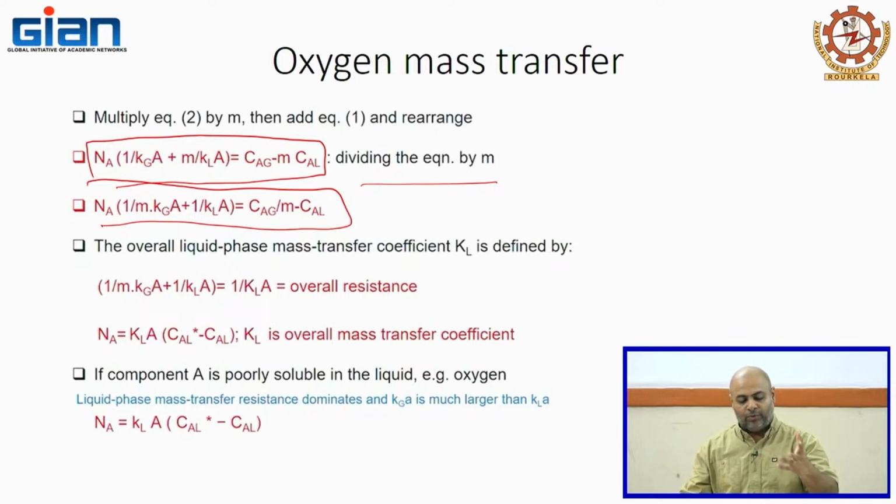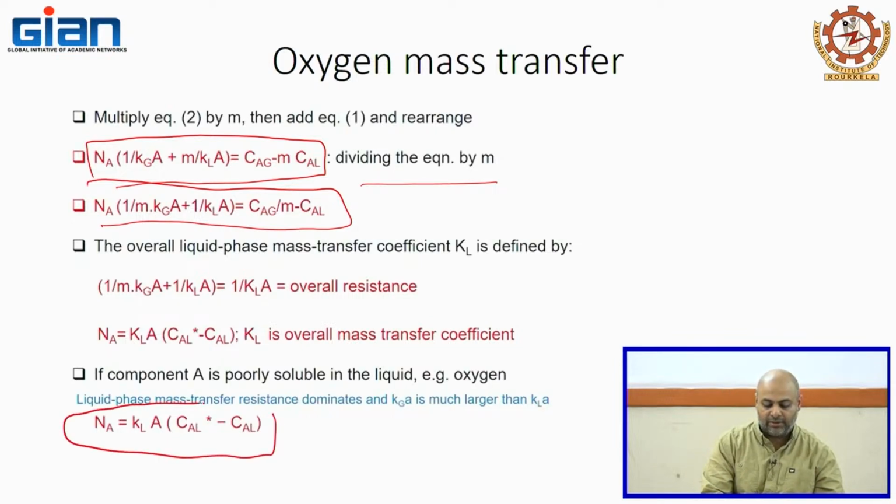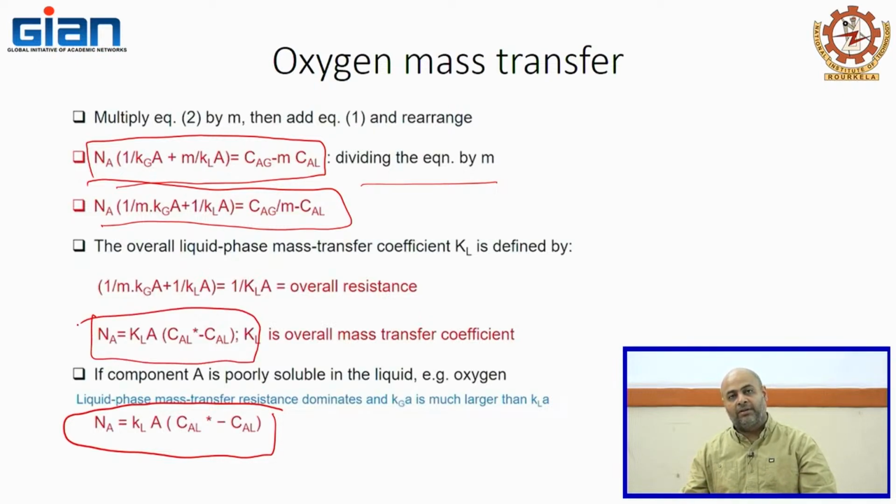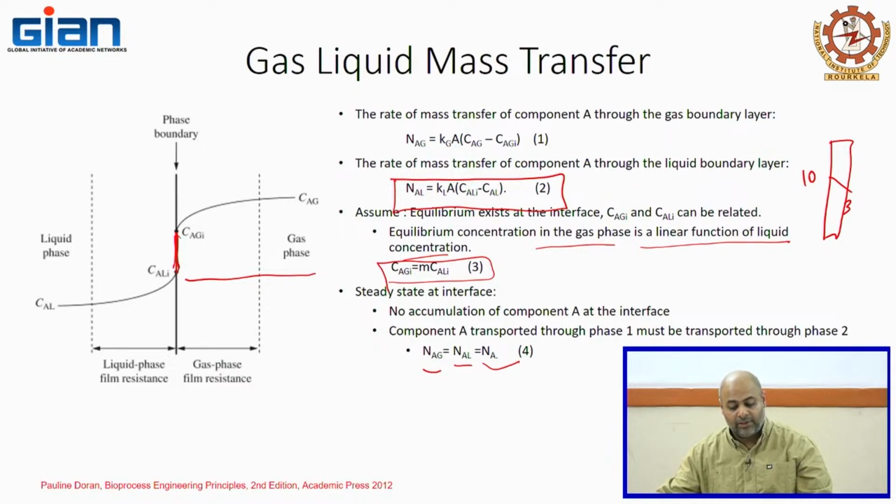So, the most important equation that you have to look into would be this, where KL is the overall mass transfer coefficient. So, it is KL times (CAL star minus CAL). This is the equation that determines the mass transfer. You have your mass flow on one side, you have your KL, the overall mass transfer coefficient, times a, and (CAL star minus CAL). Where exactly will you have the CAL star? At the interface.